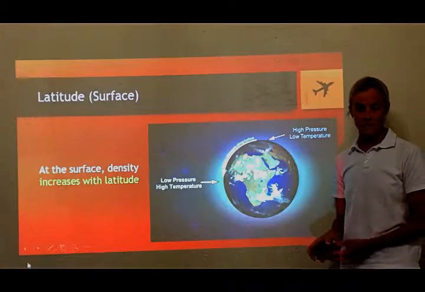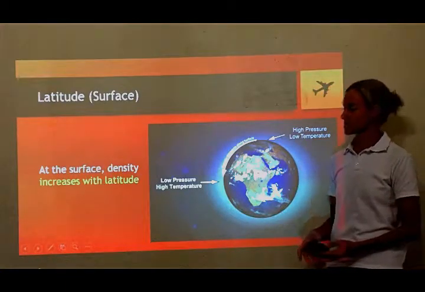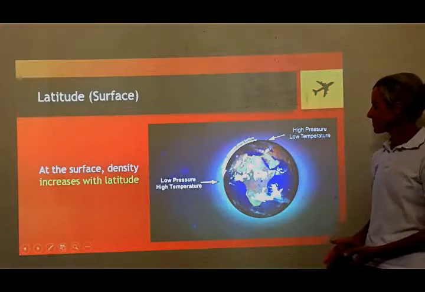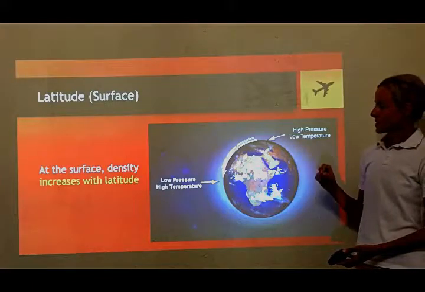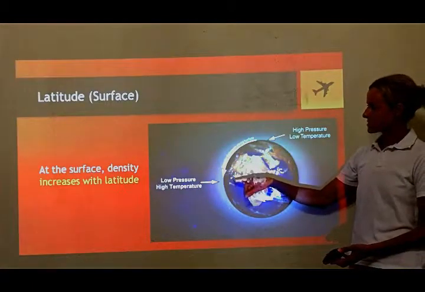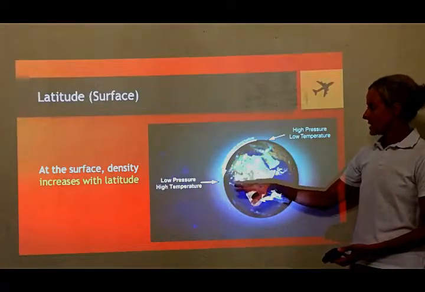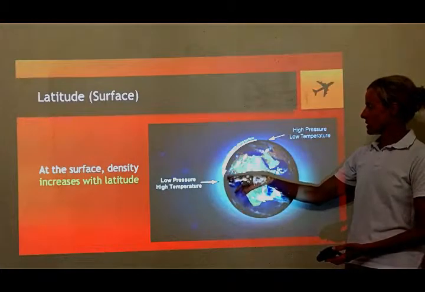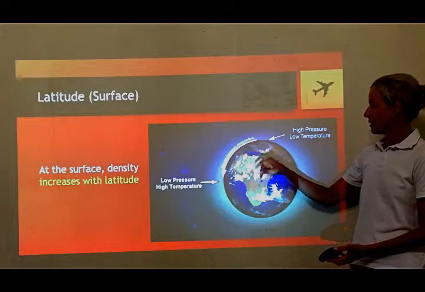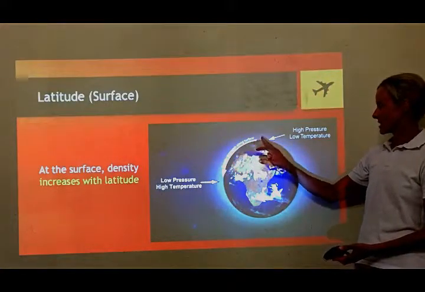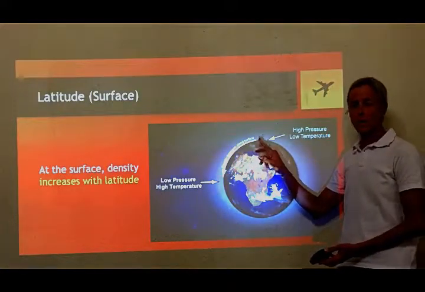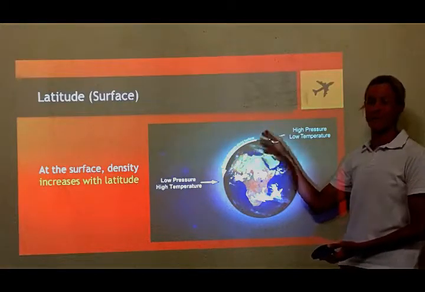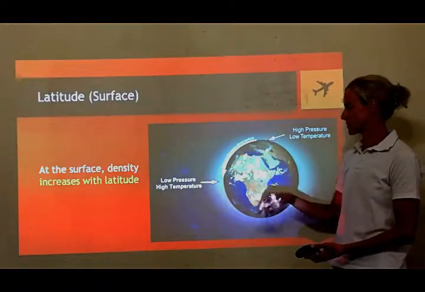If we look at latitude, we have two conditions that exist. Closer to the surface, the density increases with latitude. In other words, the further to the North Pole we go, the density is going to increase. At the North Pole, as we know, we'll find the lowest temperatures and therefore the highest pressures.